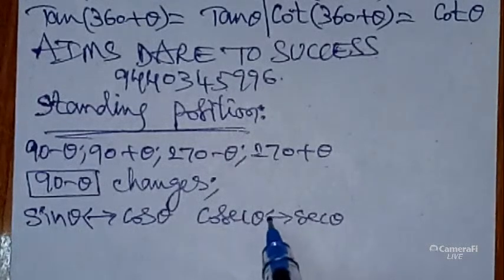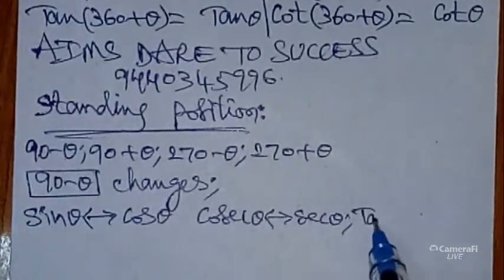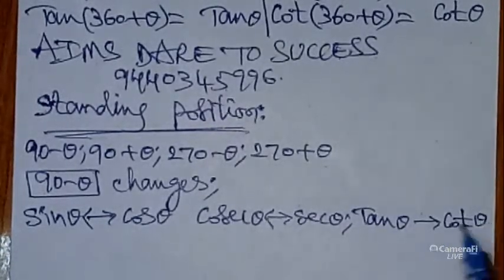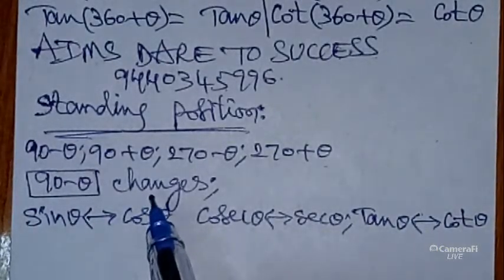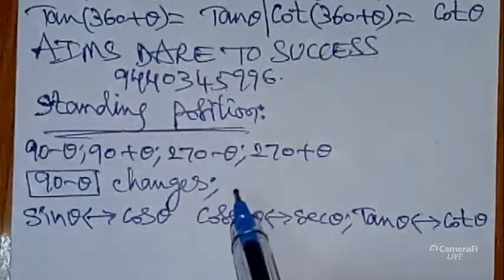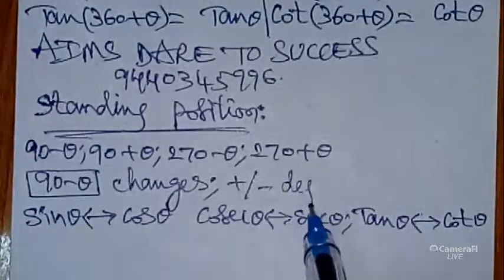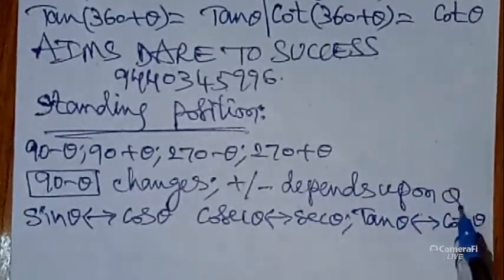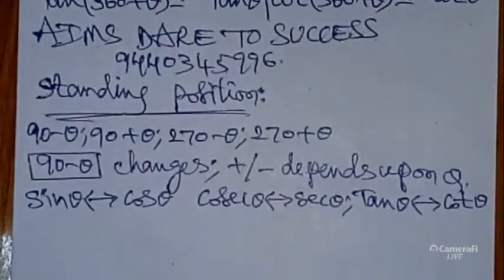Secant theta is changing into cosecant theta. And last one, tan theta is changed to cot theta. Cot theta is changed to tan theta. It is our logic. With my magic changes are there. And what next? Plus or minus depends upon their quadrant. So it is a very common statement.